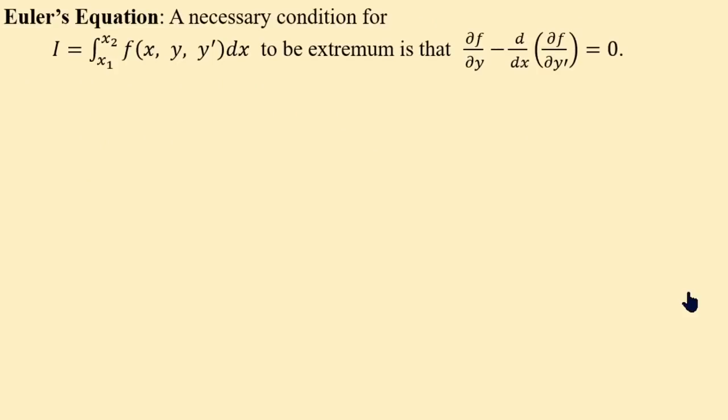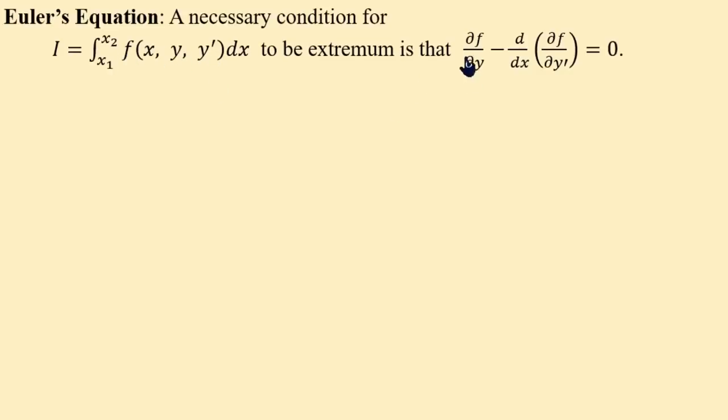Now, Euler's equation. What is meant by Euler's equation? A necessary condition for a functional I equal to integral x1 to x2 f of x, y, y dash dx to be extremum is that dou f by dou y minus d by dx of dou f by dou y dash equals 0. Here, f is a function of three variables x, y and y dash.